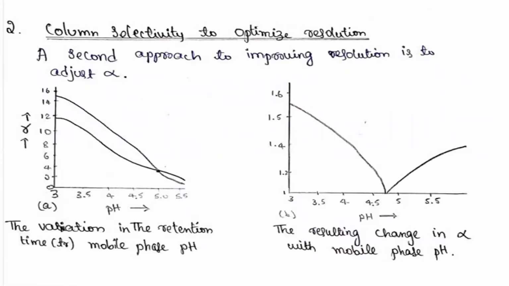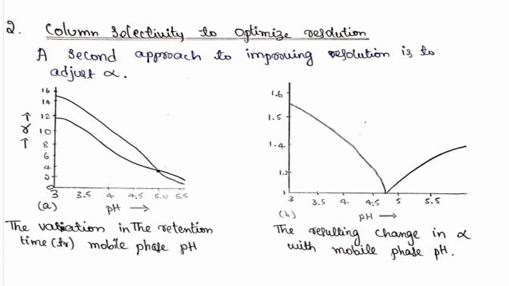The second one is column selectivity to optimize resolution. A second approach to improving the resolution is to adjust alpha.